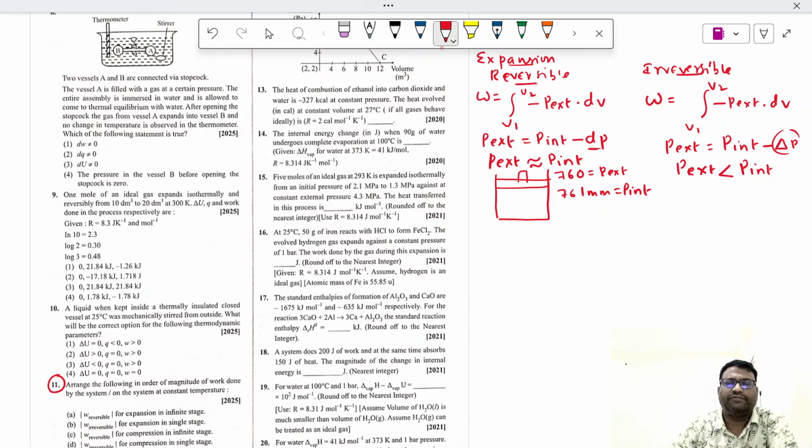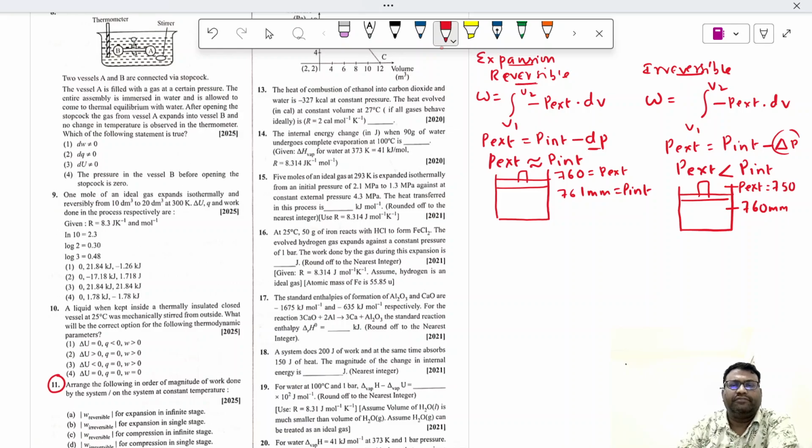Irreversible process. For example, let us take P internal as 760. Same 760. But P external is very much less than P internal. That means P external might be something like 750.